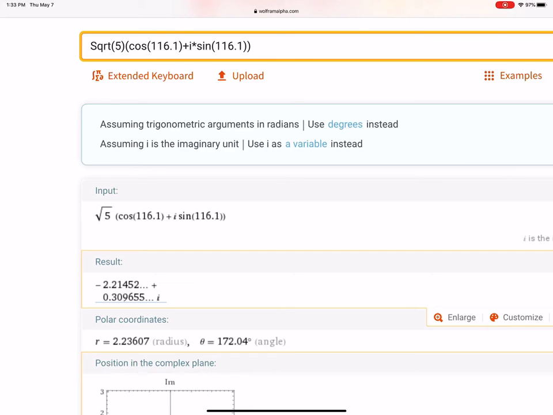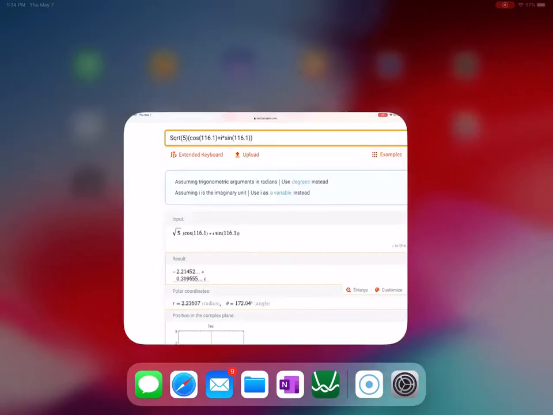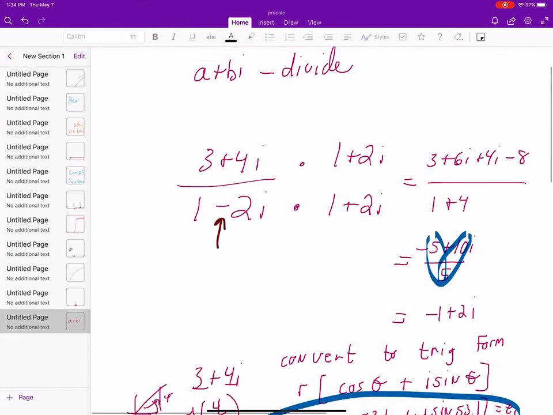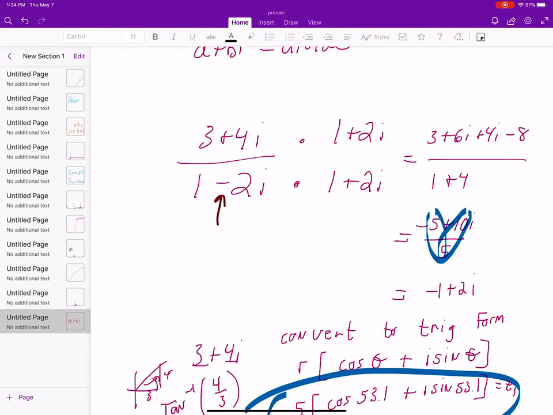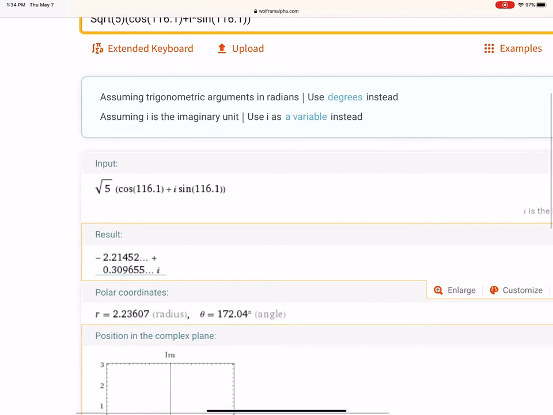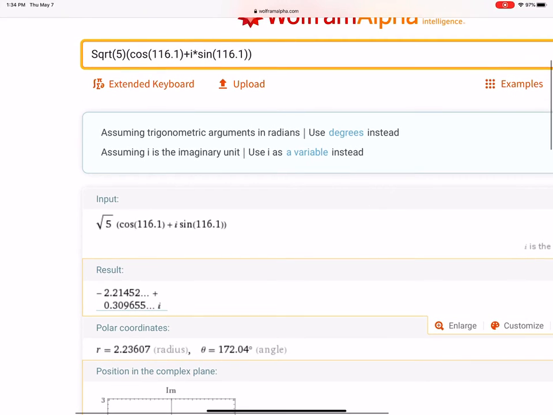So let's check to see if that is correct as far as what I got. I'm going to scroll up and see what I ended up getting. Here I had negative 1 plus 2i. So let's go back to this Wolfram. Is it pretty close to that? It is not very close. So now I'm a little concerned about what I've got for an answer here.